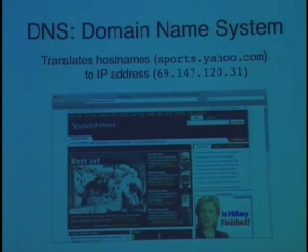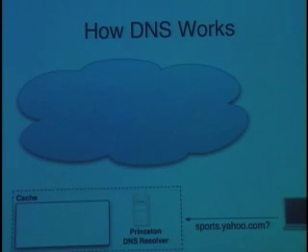What it will do is consult a local DNS resolver or cache and essentially use it as a phone book to make this translation between the host name and the IP address. And once this resolver returns the machine-readable IP address, it can actually route to that IP address and fetch the page.